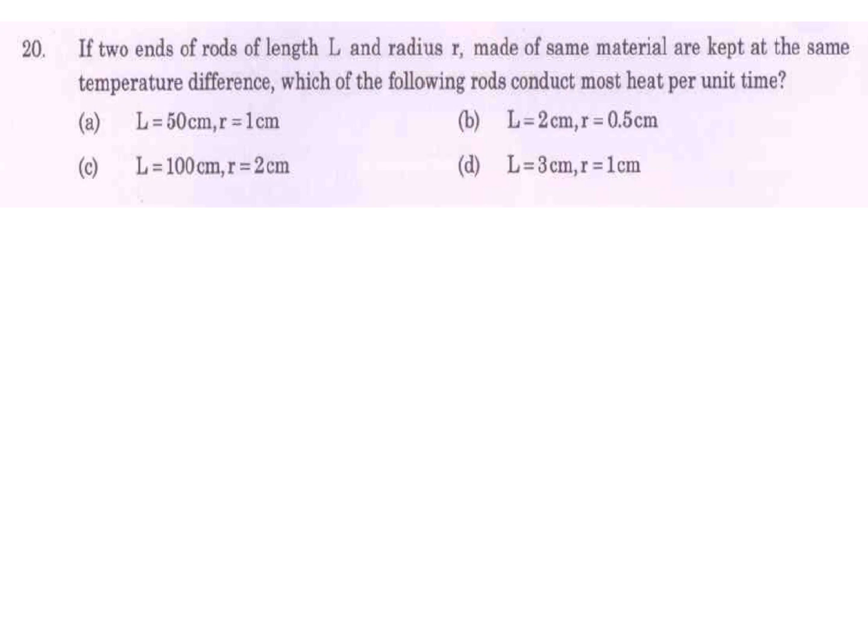If two rods of length L and radius R, made of the same material, are kept at the same temperature difference at their ends, which of the following rods conducts the most heat per unit time? Already discussed. Q equals K A delta T by L for a rod.